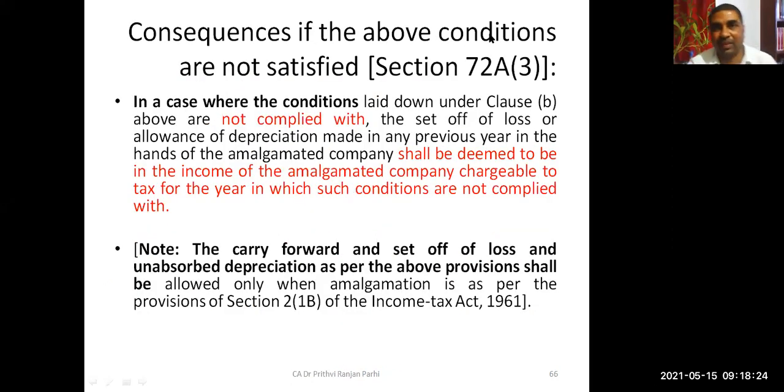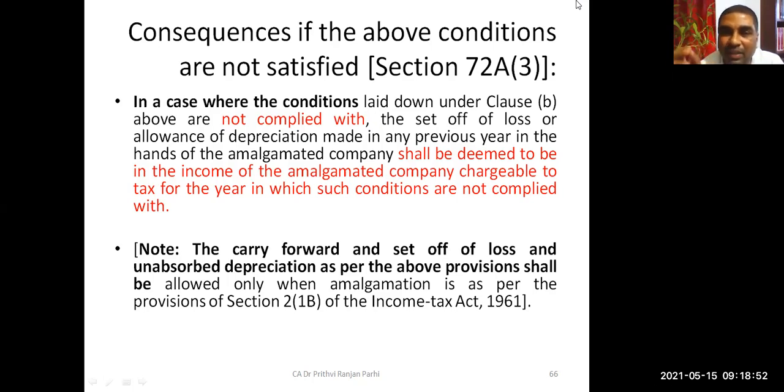Now, next you have to see what will happen if the conditions are not satisfied. Let us say the amalgamating company didn't carry out the business for 5 years. Then the loss which has been carried forward shall be deemed to be the income of the amalgamated company and chargeable to tax in the year in which the conditions are not complied with.